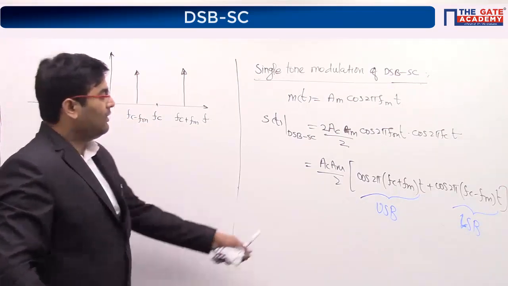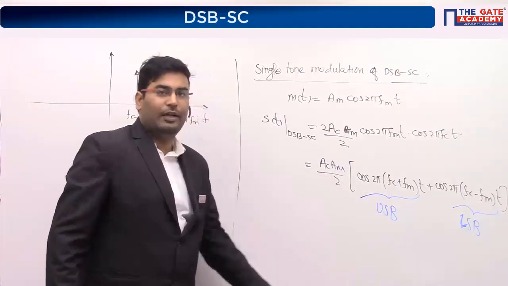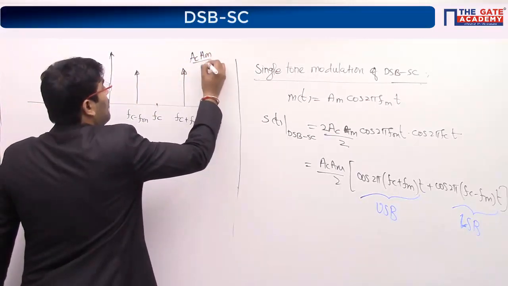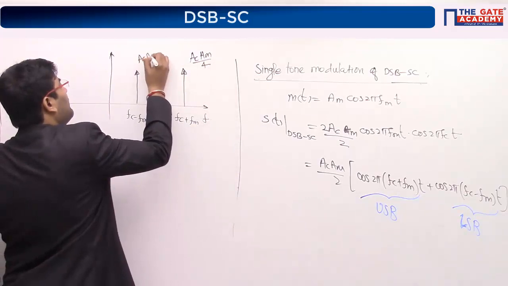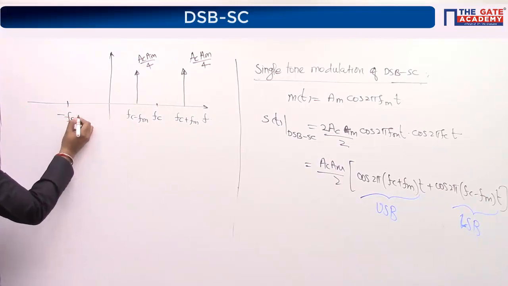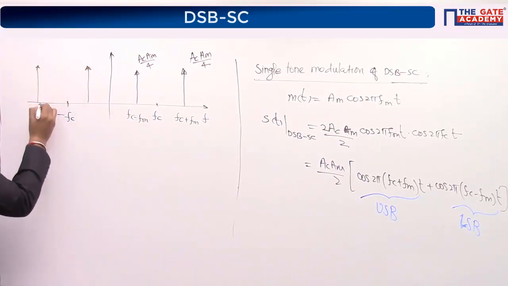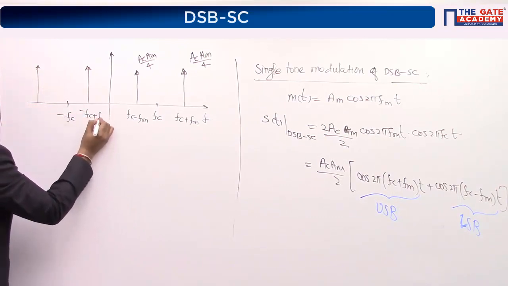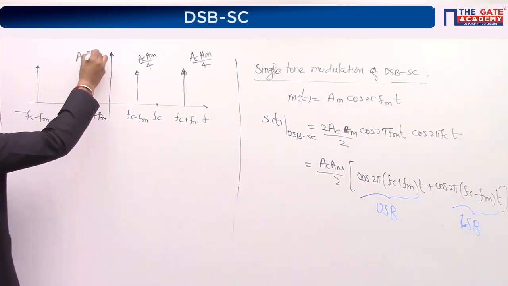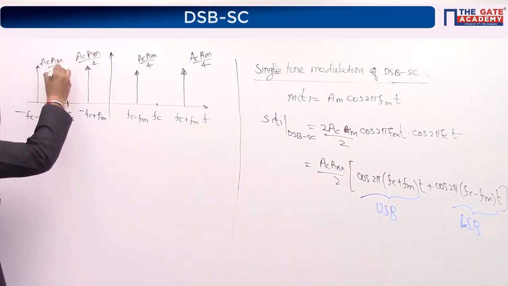Ac Am by 2 will become one more by 2 because of the impulse formula in the Fourier transform, so it will become Ac Am by 4. Similarly here, Ac Am by 4. The negative of fc will become minus fc; the mirror image comes here, so it is minus fc plus fm and minus fc minus fm, again Ac Am by 4 each.